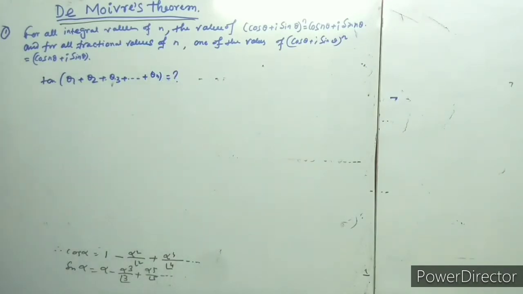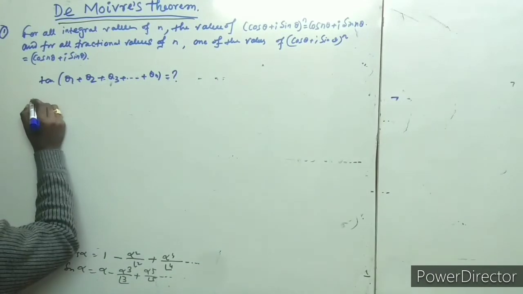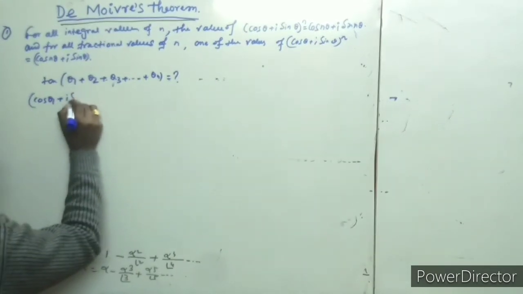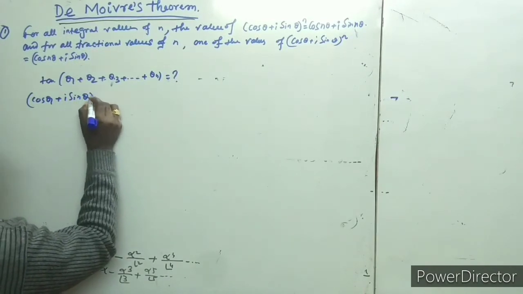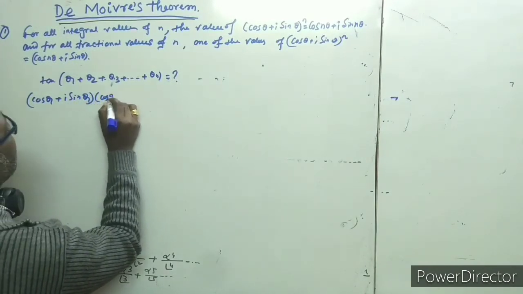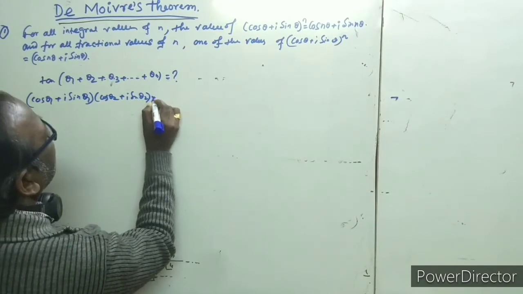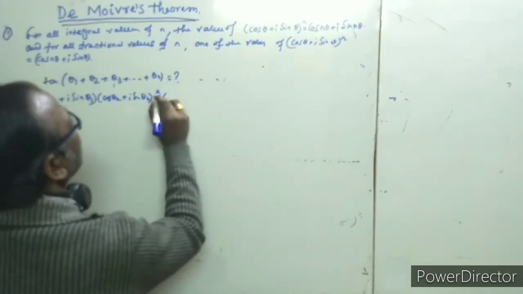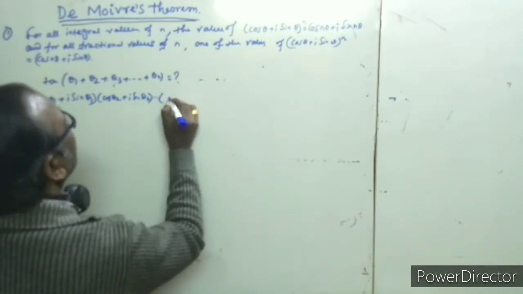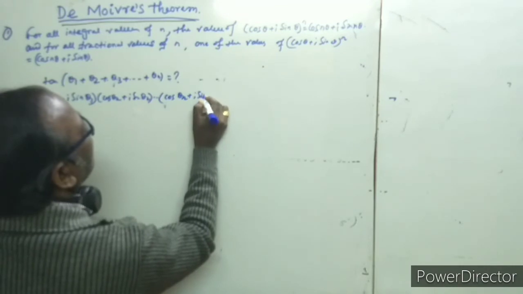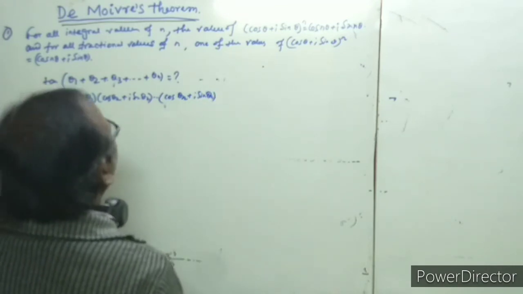This is the expansion we want to introduce here. If we multiply like cos theta 1 plus I into sin theta 1, again cos theta 2 plus I into sin theta 2, and this is here cos theta n plus I into sin theta n.